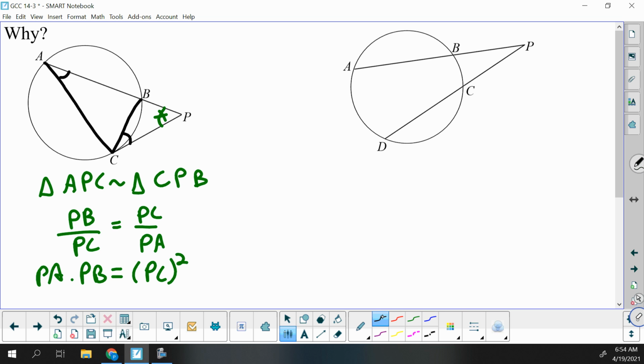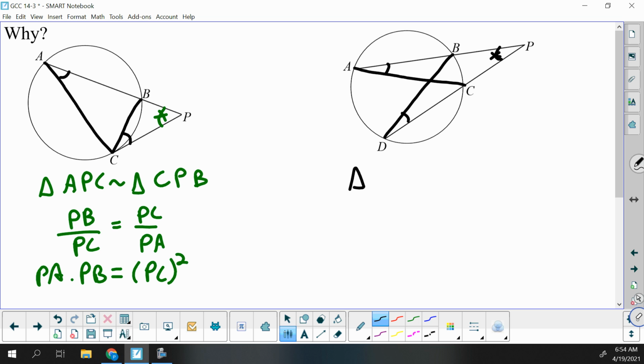Now we can do a very similar scenario here, no pun intended. Angles A and D are inscribed and open up to the same arc. And then P is a reflexive angle. And the triangles we're working with are DPB and ACP.